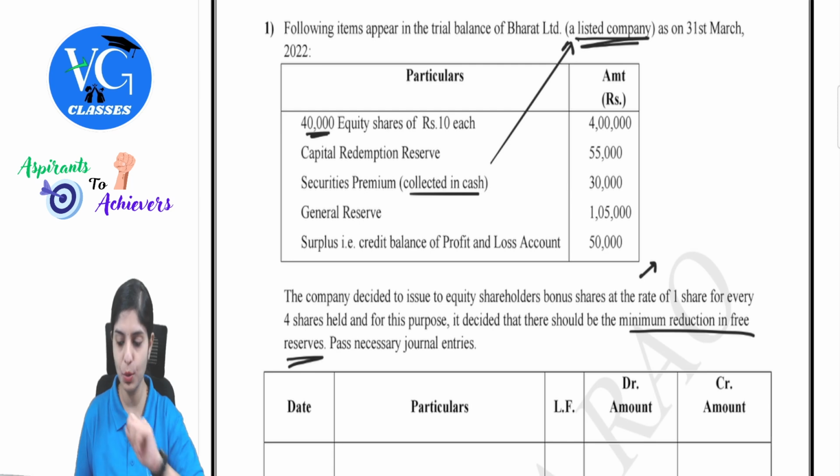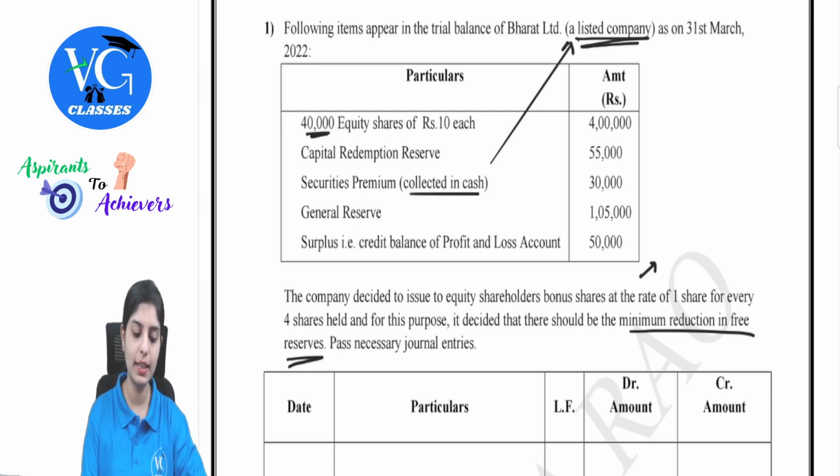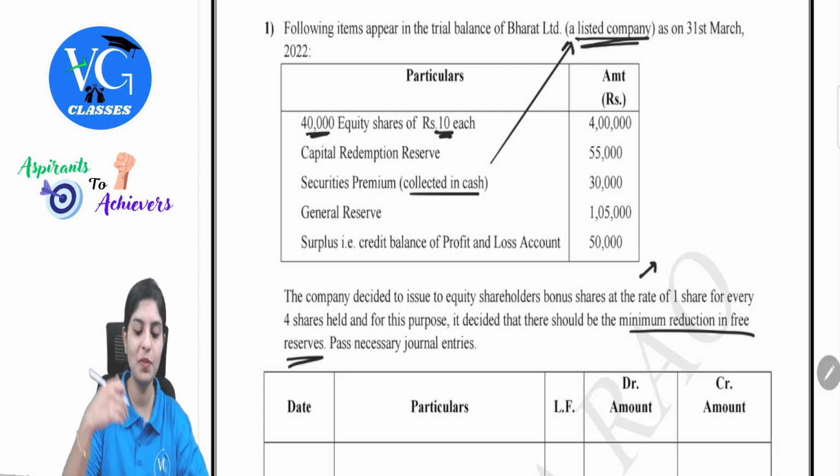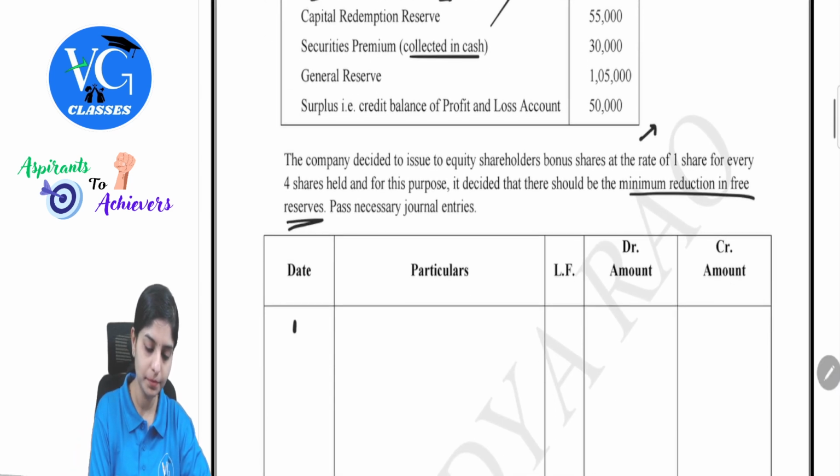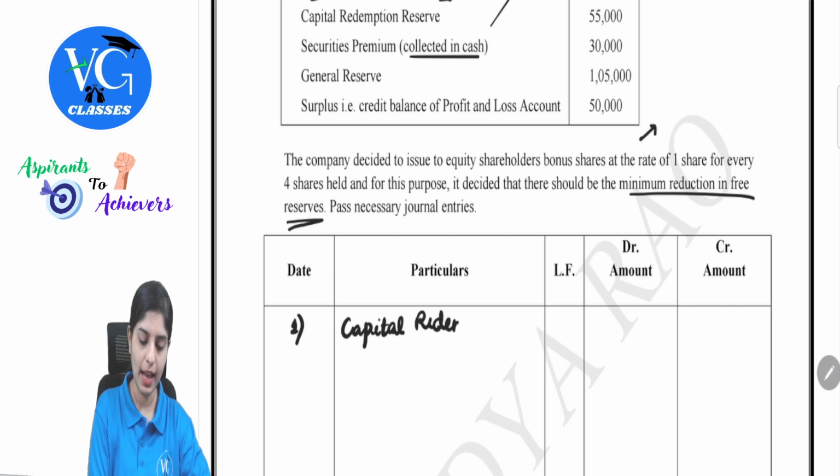So first will be the due entry. Remember, this is a case of issuing fully paid bonus shares. 10 rupees each, we will assume it is fully paid up. So what would be the entry? First priority will be your capital redemption reserve. Capital redemption reserve account debit.